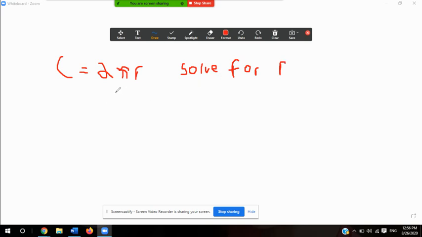When you're solving for r, that means I have to get rid of the 2 pi. So how do I get rid of the 2 pi? Well, the circumference formula says 2 times pi times r, so I'm multiplying by 2 pi. To get rid of the 2 pi, I'm going to do the opposite of multiplying, which is dividing.